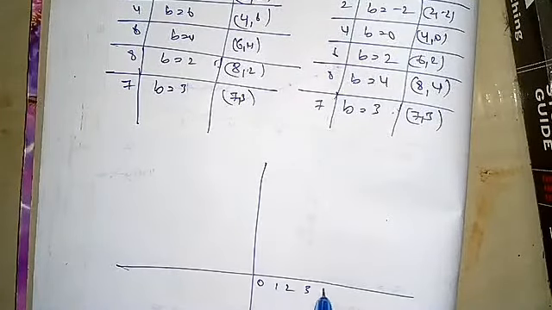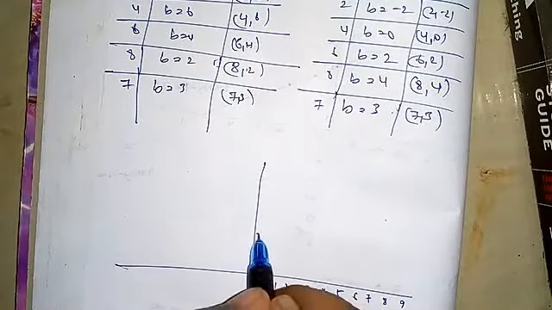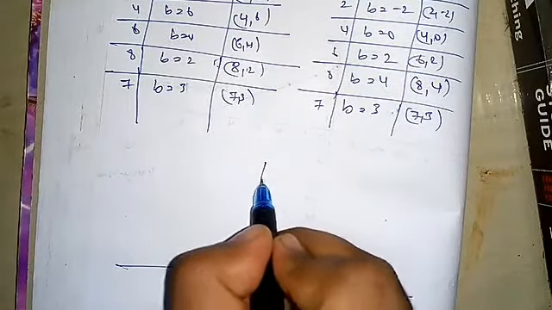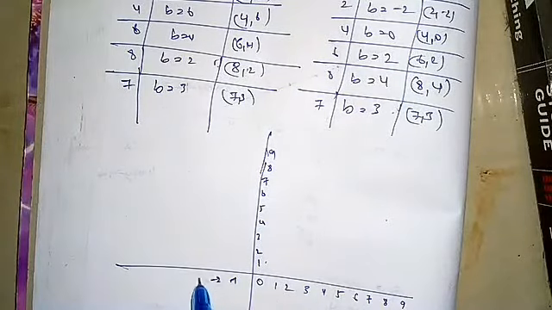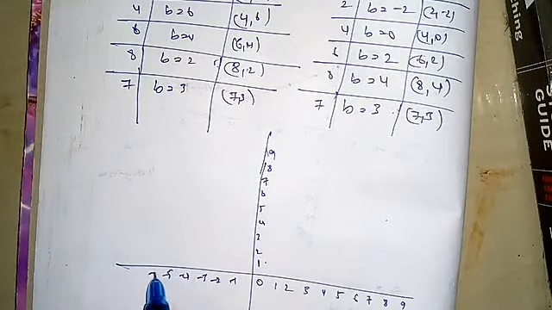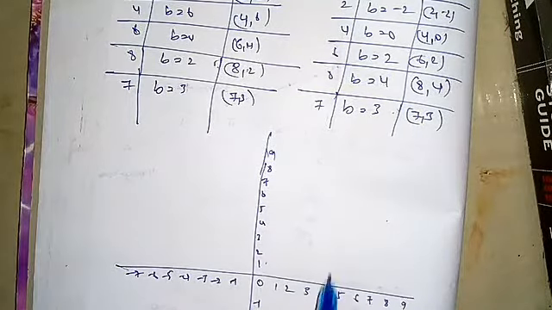0, 1, 2, 3, 4, 5, 6, 7, 8, 9. 1, 2, 3, 4, 5, 6, 7, 8, 9. Minus 1, minus 2, minus 3, minus 4, minus 5, minus 6, minus 7.